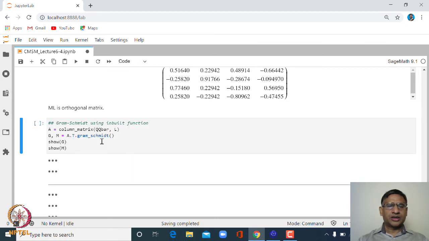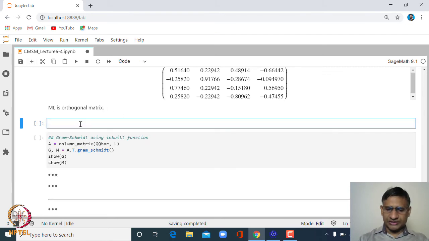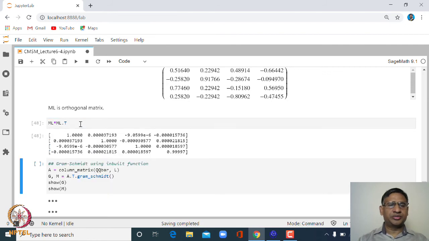We can very easily check here Q, in Sage, ML times ML.T, this should give the identity matrix. Of course, here these things are almost close to 0. The off diagonal entry is of the order 10 power minus 6, because there is a lot of round off error, so it has some error, but you can see here the diagonal entry is 1, 1, 1, this is also close to 1, right.